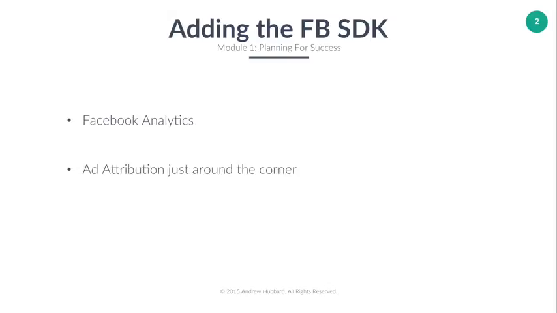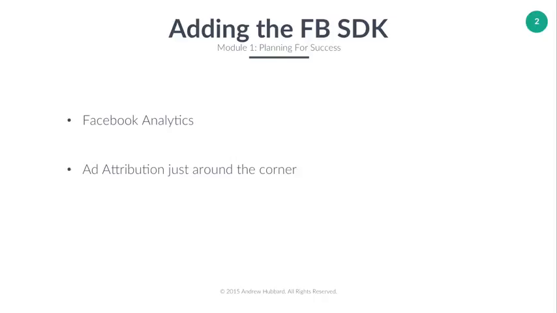And something that they also announced at F8 that was really exciting was called ad attribution. And it's in beta at the moment, and they have released ad attribution for a limited number of publishers, but unfortunately it hasn't been rolled out to everyone. And what I mean by ad attribution is within the Facebook's analytics platform, they're going to give developers the ability to actually track which users came in through which ad campaign.